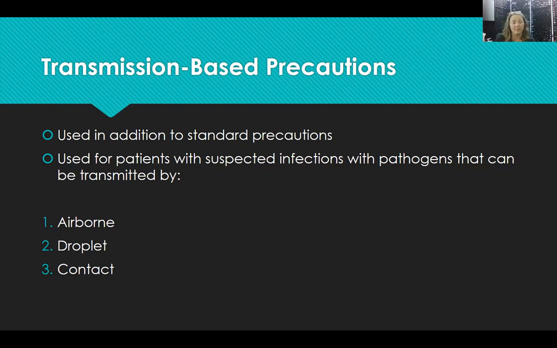This is used for patients with suspected infections with pathogens that can be transmitted in different ways. So we categorize them by airborne, droplet, or contact. And we have a few extra things that I'll also go into when we get there. There's a table in your med-surg book, table 21.4, that also goes over transmission-based precautions.